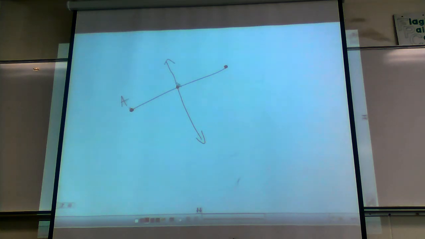Okay, that's A. All right, and it might say something like line BD is the perpendicular bisector of AC. And it might say something like maybe we'll do AC equals, I don't know, give me a number.